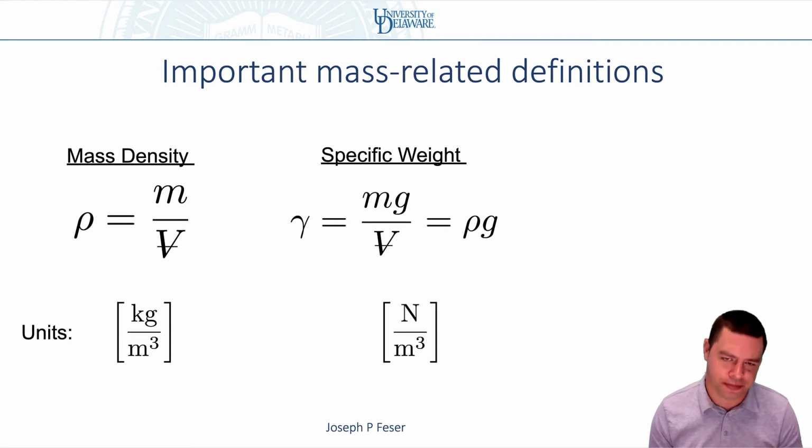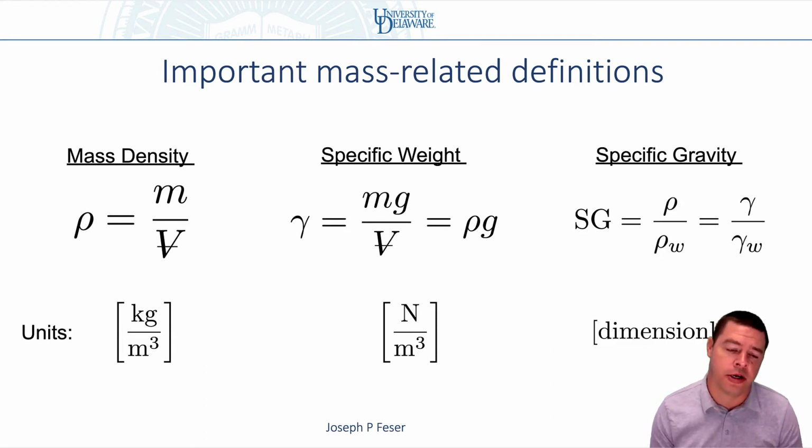So that's specific weight, and that's given the symbol gamma. Another related one that is often used, especially in the context of buoyancy, is something called specific gravity. Specific gravity sounds a lot like specific weight, but for whatever historical reason, it is not defined the same.